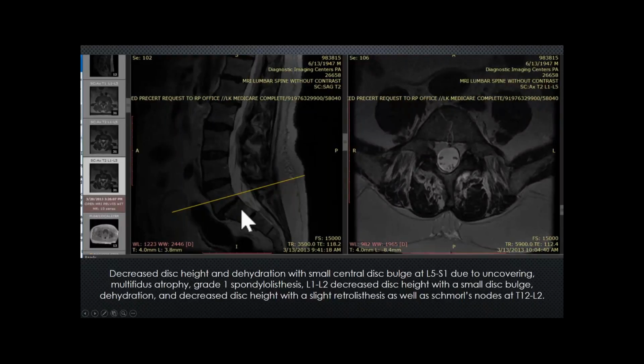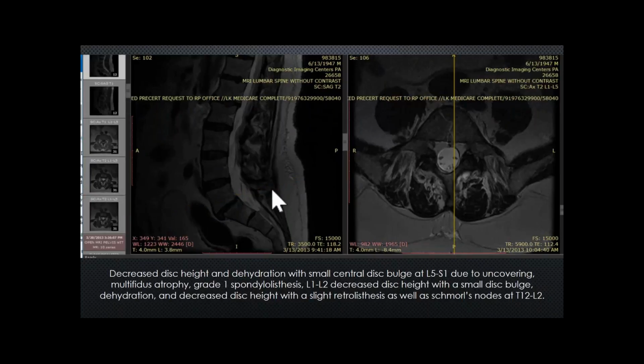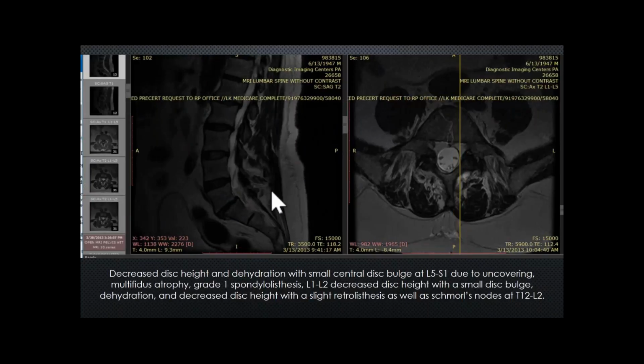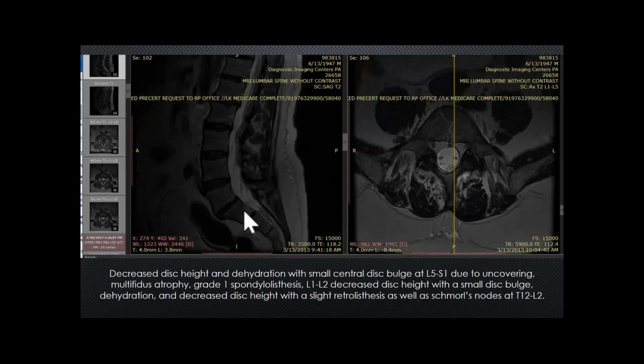Okay, now let's read another MRI here. We can see here the sagittal on the left, and then the axial on the right. On the sagittal here on the left, one of the things that we note is that there is a significant step off here, a grade 1 spondylolisthesis relative to the sacrum, and obviously a degenerated disc with decreased hydration as well as disc height.